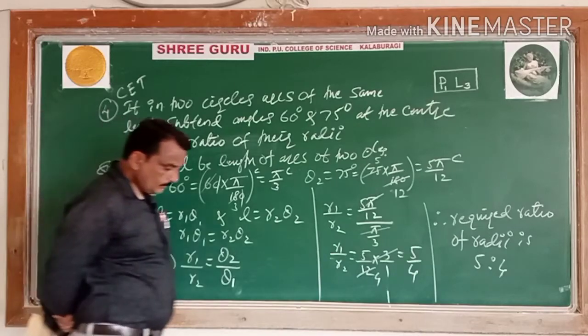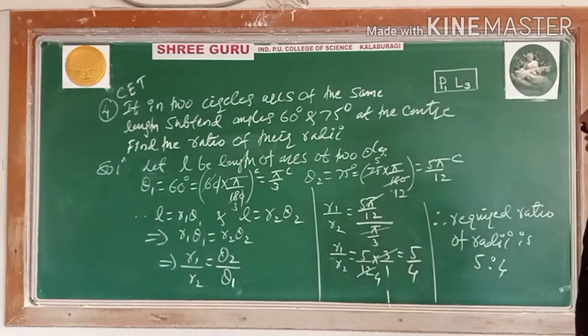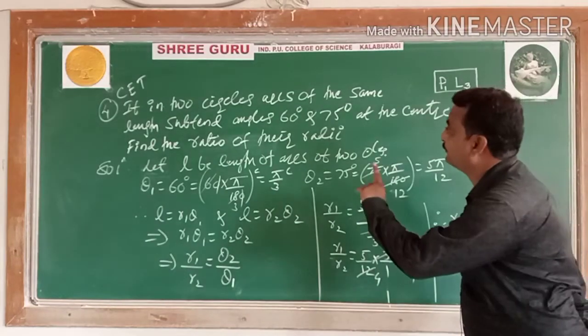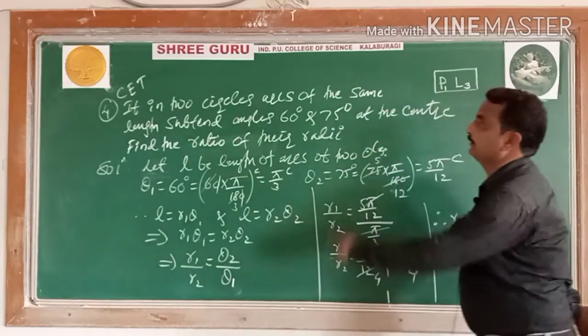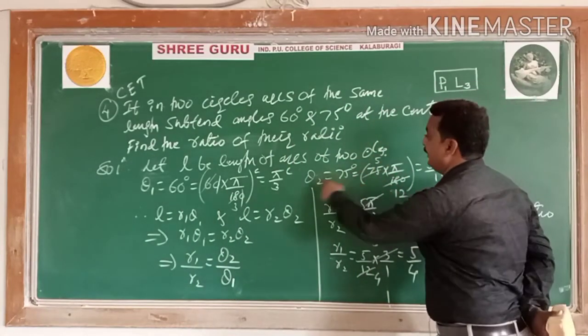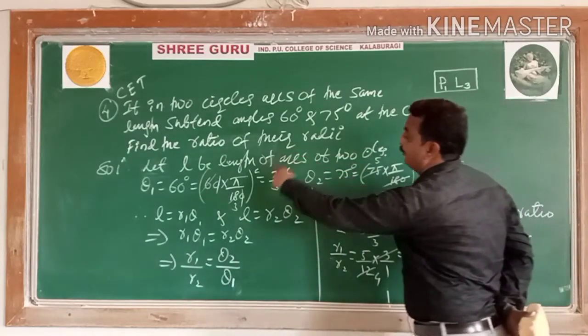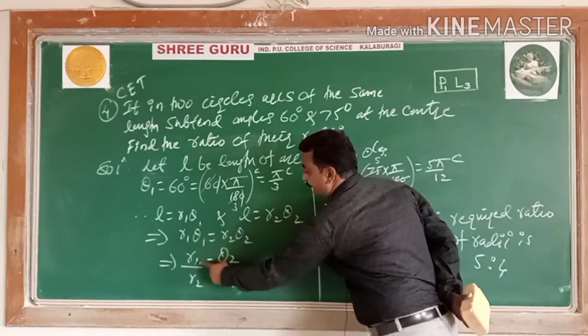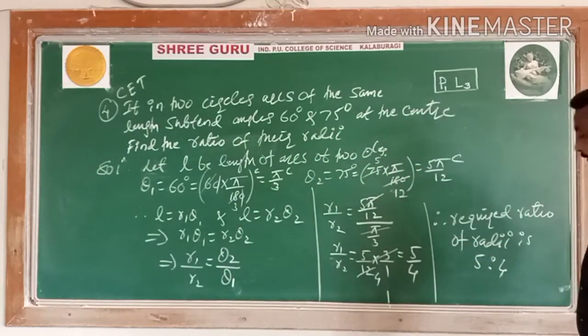Once again I remind you, you have to calculate the ratio of the radii. If in two circles arcs of the same length subtend angles of 60 degrees and 75 degrees at the center, find the ratio of the radii. Substitute all these things, simplify it, you will get the required ratio.